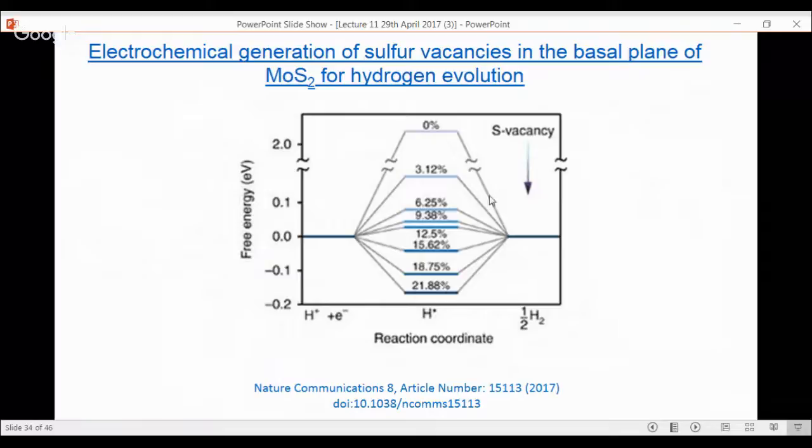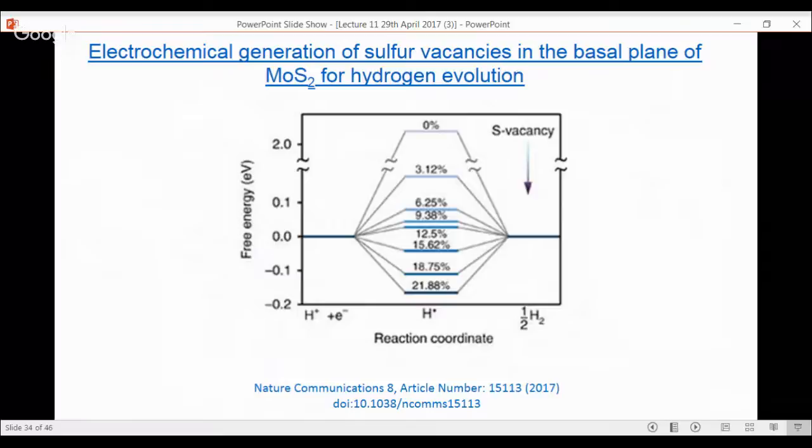Now if I take MoS2 and make it stoichiometric, you see the barrier is high, because H plus electron, both of them are at zero potential. Whereas if I have 3.3% sulfur vacancy, the barrier is reduced to around 1.5 electron volts.